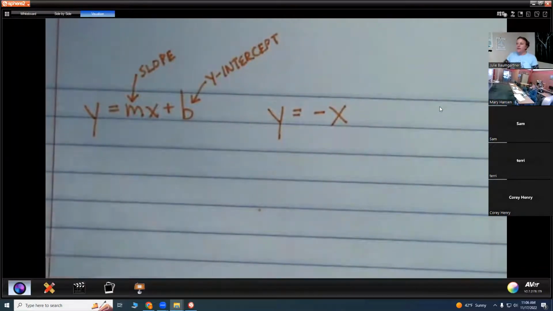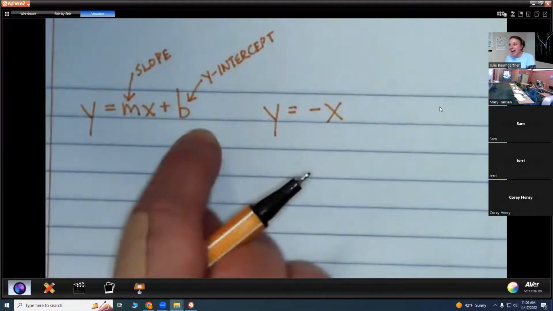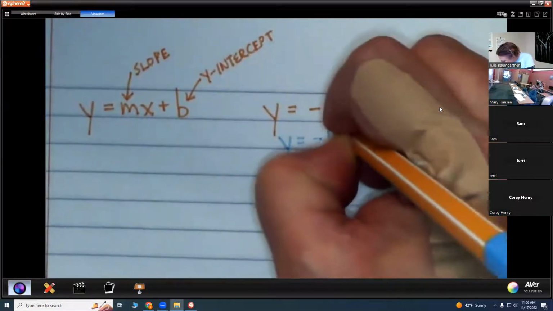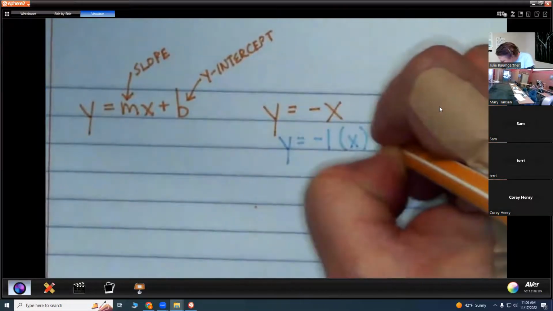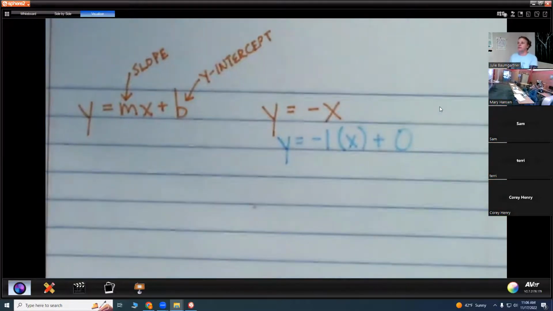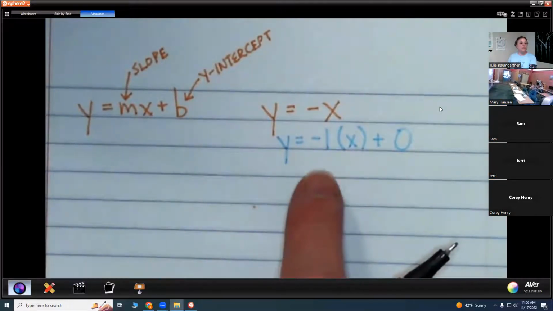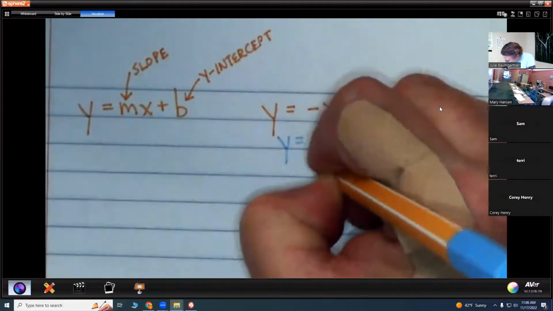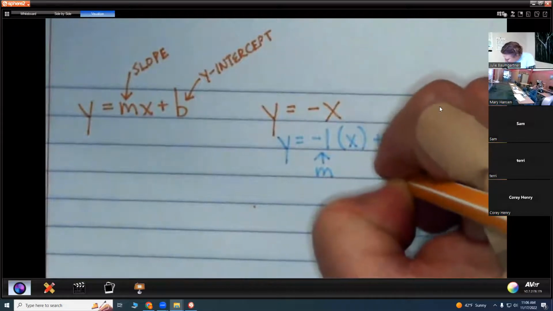It's just because of what the value of m and b are, it makes the equation unnecessarily noisy. If I want to make it exactly match the formula, y equals negative 1 times x plus 0. Now this is my m and this is my b.